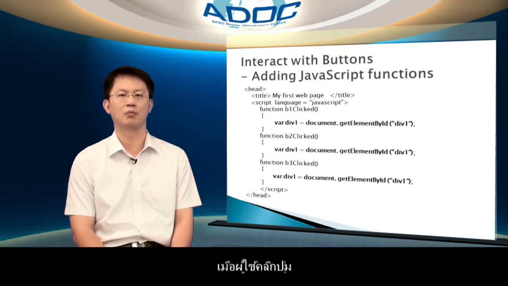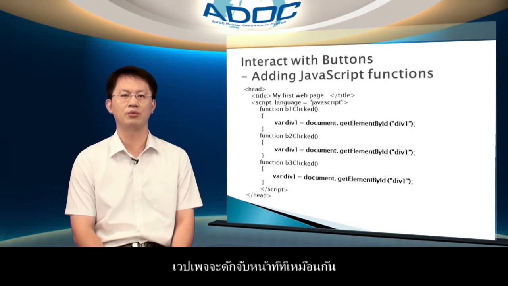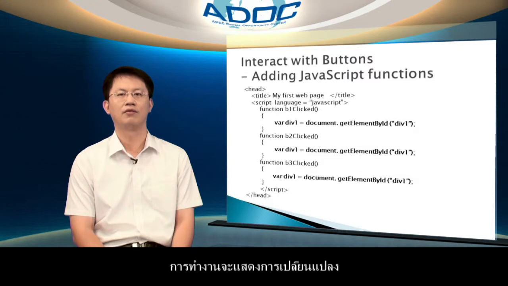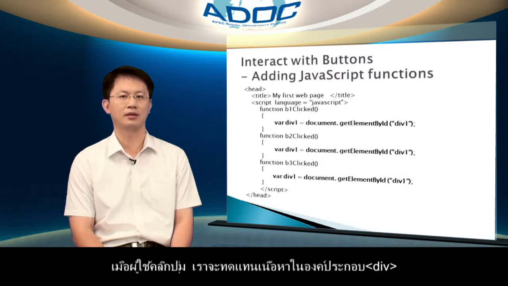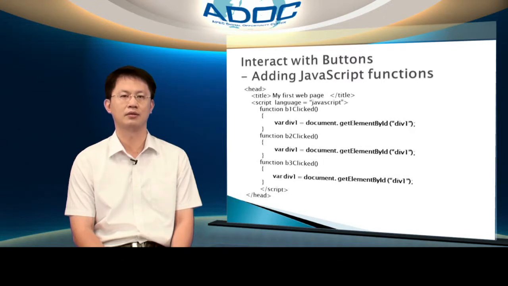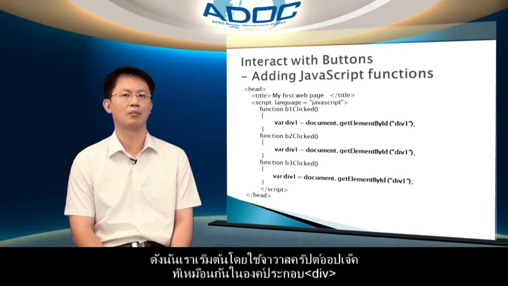When the user clicks the button, the web page will trigger the corresponding function. The function will perform the change. What we want to do here is, when the user clicks a button, we will replace the text in the div element. So we start by getting a JavaScript object corresponding to that div element.